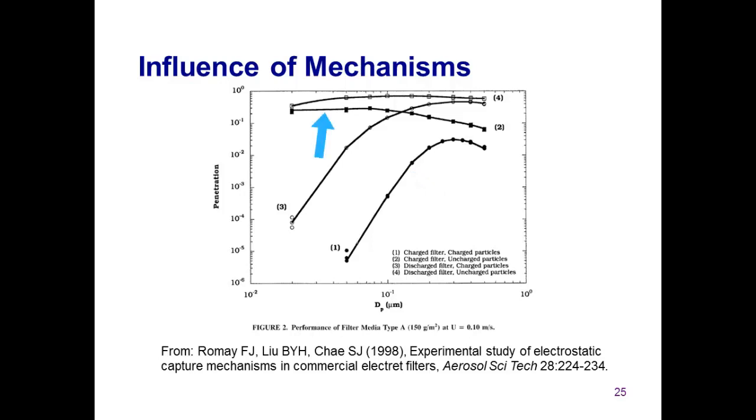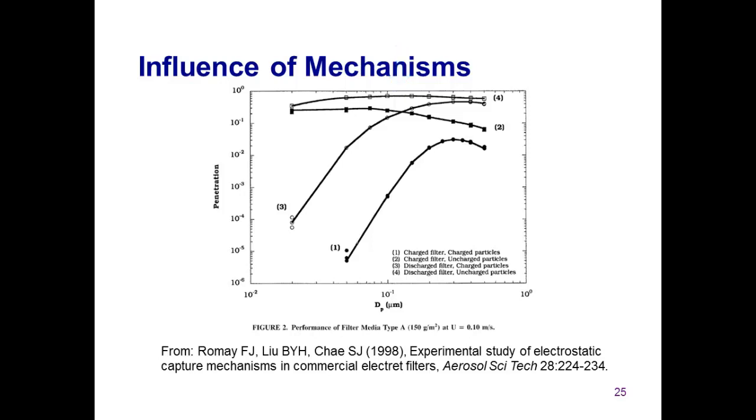Curve number 2 is for the same charged filter with particles that were neutral and did not carry a net charge. Curves number 3 and number 4 are for filters that were electrically discharged by washing them in alcohol. For curve number 3, these filters were used to collect particles that carry one elemental charge, whereas for curve number 4, they collected particles that were not carrying any charge.